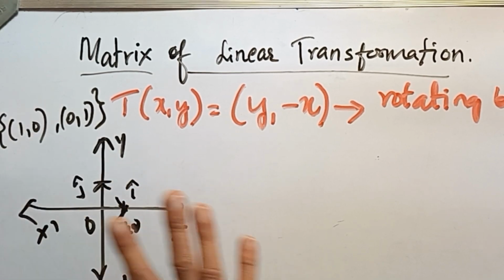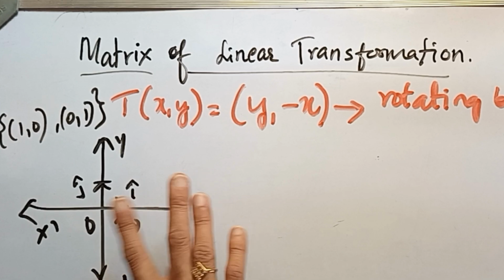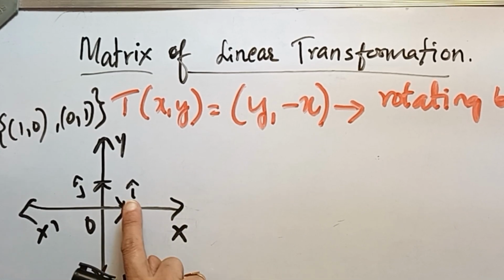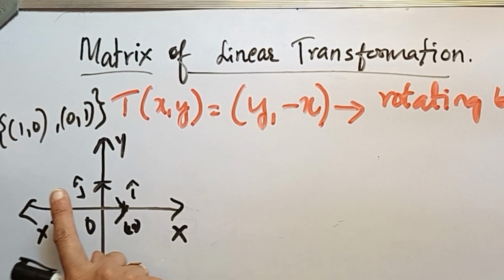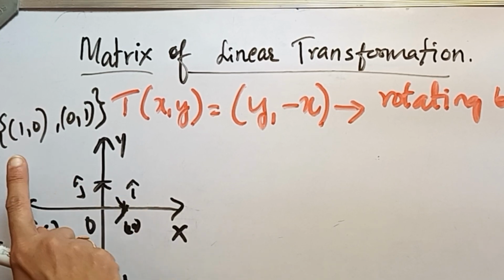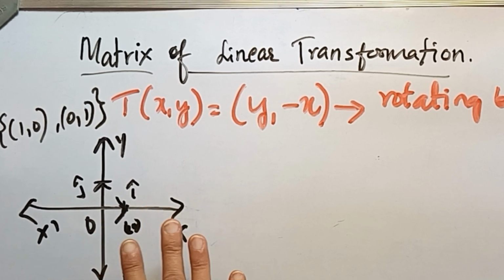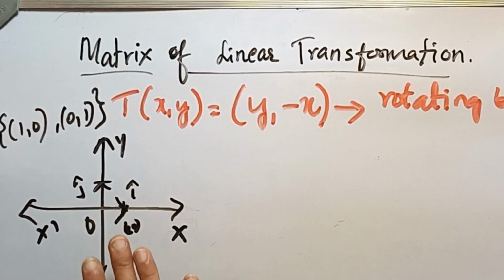If those two vectors are not multiples of each other, then they always form a basis. Here we have taken i cap and j cap. These are the basis vectors, and this basis is called the standard basis, and hence this coordinate system is called the standard coordinate system.